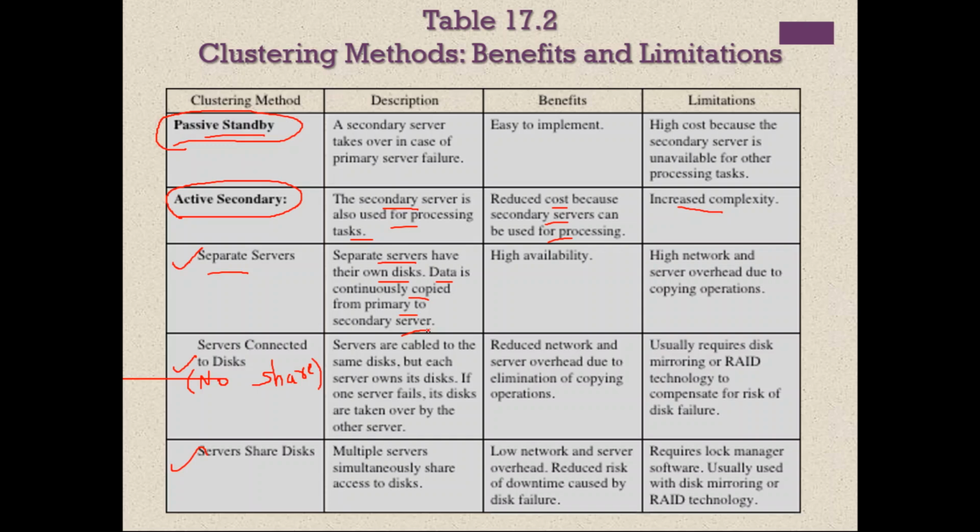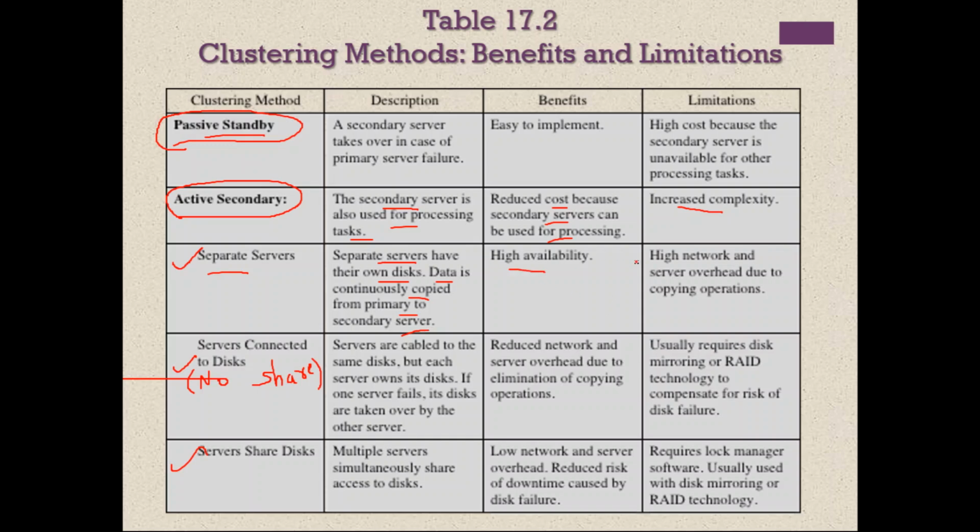Say for every half an hour or every 1 hour, the data from the primary server will be copied to the secondary server, so that if the primary server fails, the secondary server can function with full resources like the primary server. The advantage is high availability.